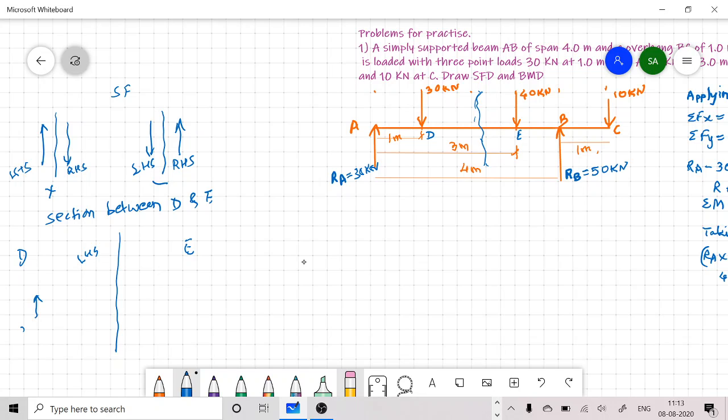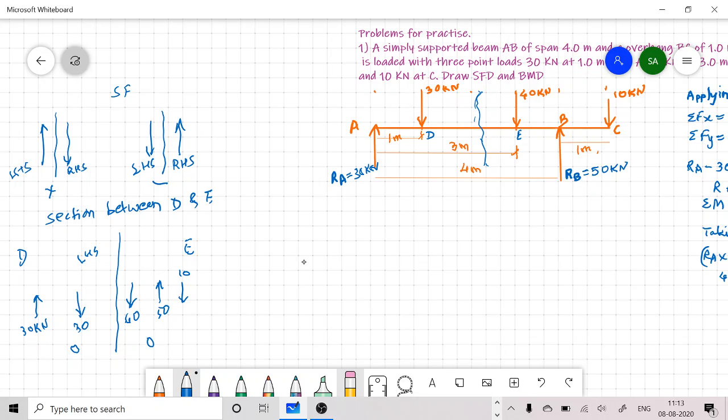RA is 30 upward, and at D there is a downward force again 30. So if you consider the left hand side of that section, the shear force is 0, plus 30 minus 30. Now if you consider the right hand side of this section, there are three forces, 40 down, RB upward 50 and 10 down. So total 50 down, 50 up. So again shear force is 0.